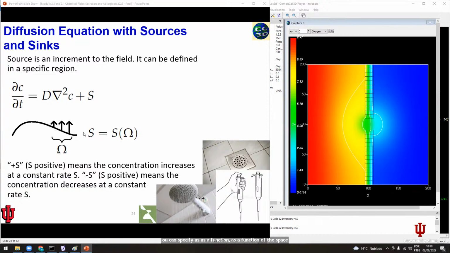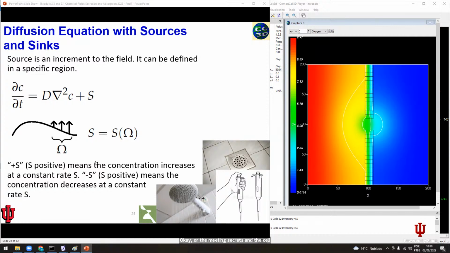So you can set, for example, in the omega region, a positive, constant s, but 0 everywhere else. So in this case, you have, for example, one cell secreting, another cell secretes less, another cell secretes more, etc. Or the medium secretes and the cell doesn't.